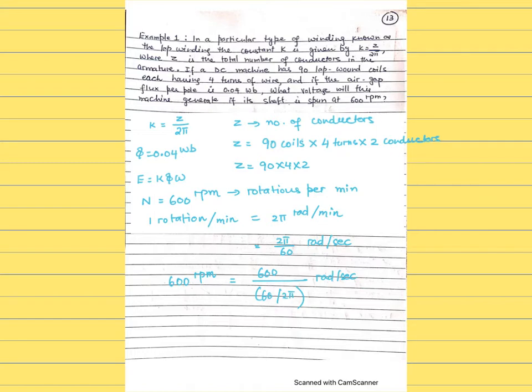So then our E will be K, which is 90 times 4 times 2 divided by 2 pi, multiplied by the flux 0.04, multiplied by the speed, 600 divided by 60 times 2 pi. With all of them known, it comes to 287.6 volts. The unit of the voltage is volt.